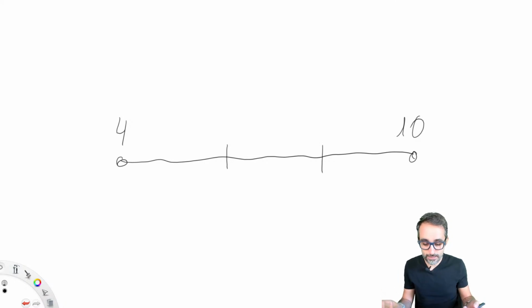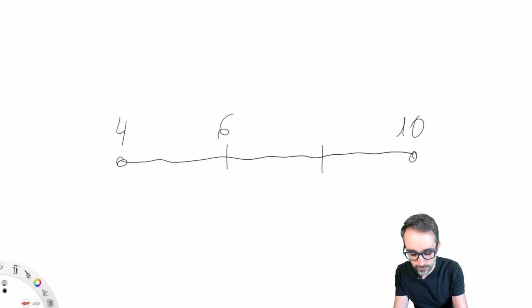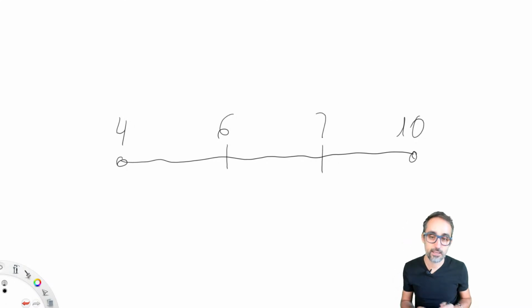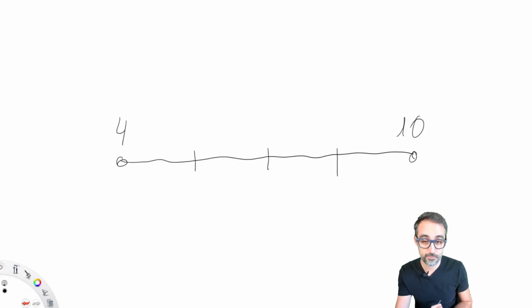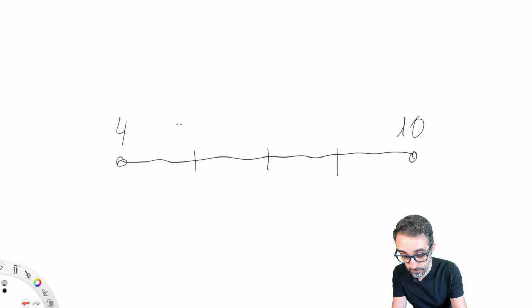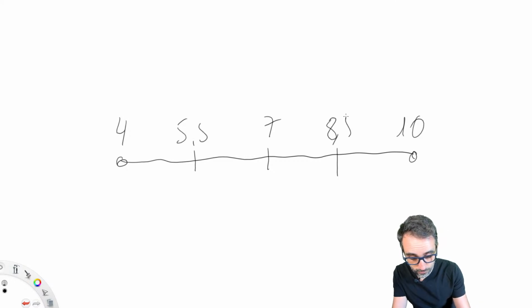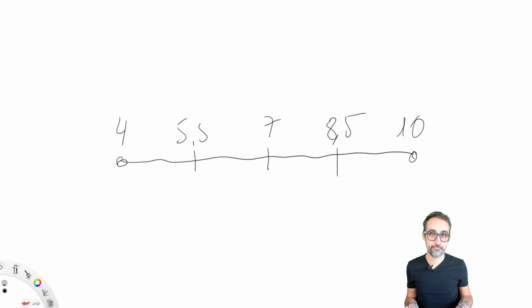This is going to give us the number 6 and the number 7 here at the center, right? If instead we want, for example, 4 intervals, we would probably end up with something like 5.5, 7, 8.5, and 10, all right?